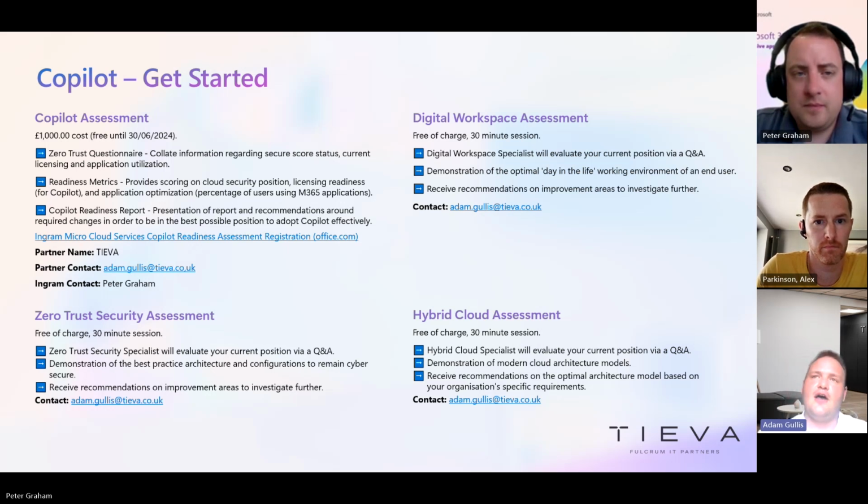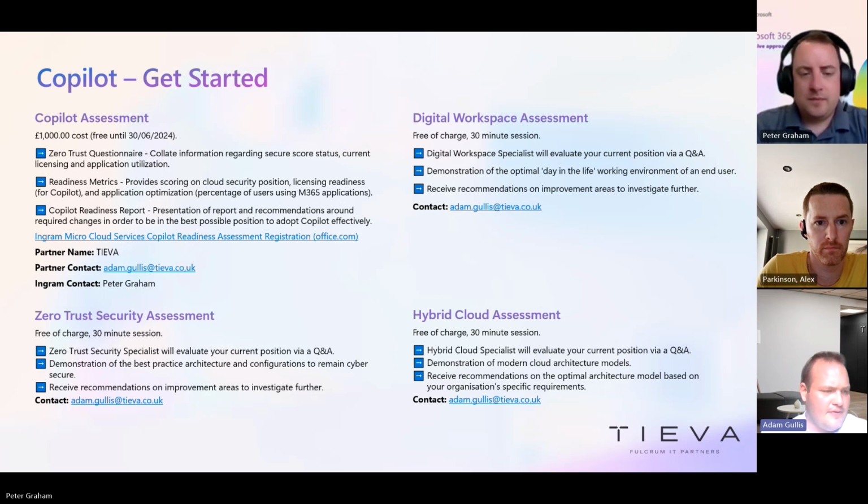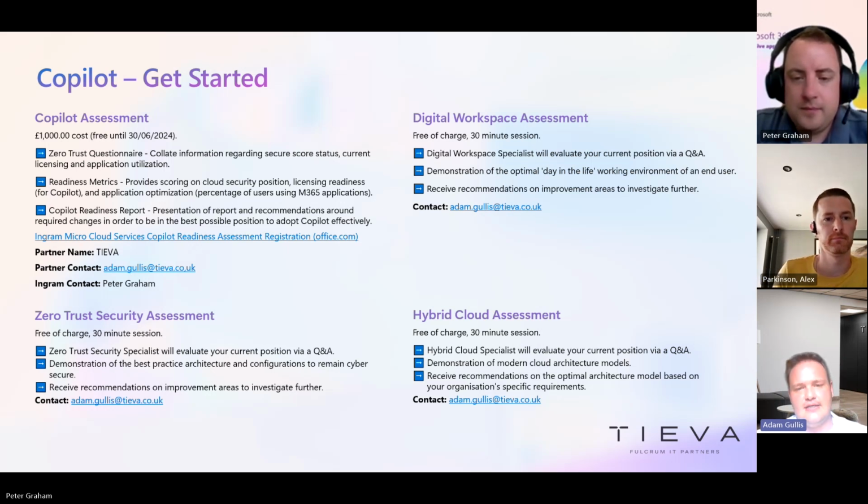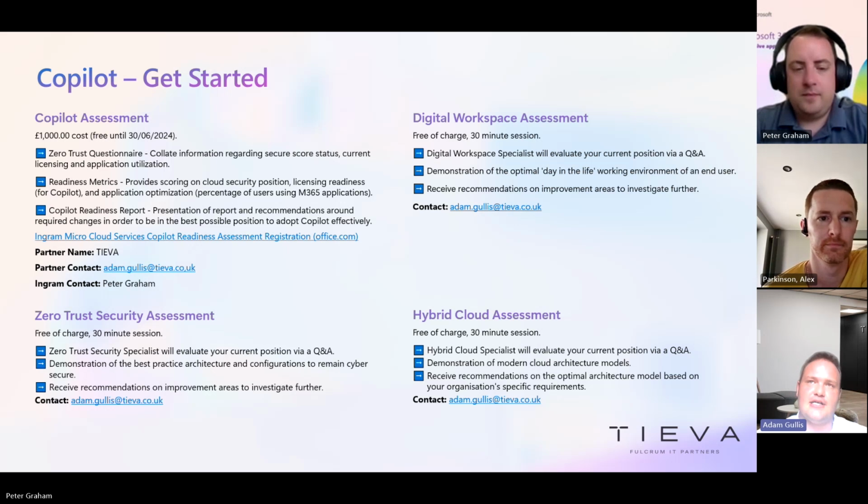The hybrid cloud assessment, in terms of applicability to Copilot, looks at where your data is stored and whether there is a better position from a security, cost optimization and performance perspective to have those workloads. Obviously Copilot is a component of that, because there are some prerequisites for Copilot to effectively access your data natively. We'll share the slides after the session, and my team will reach out to you individually with further information in order to gain access to these funded work streams.